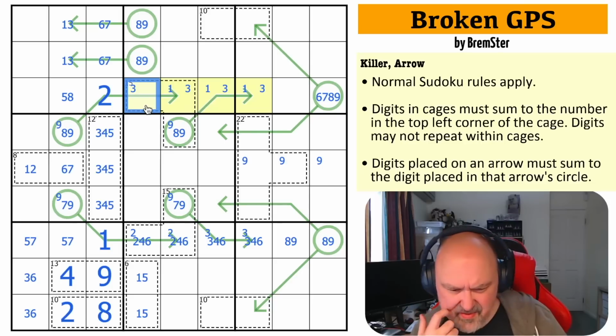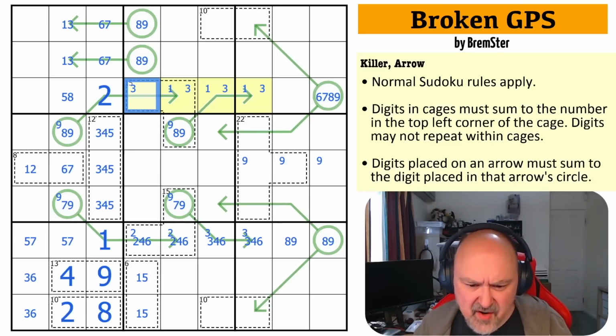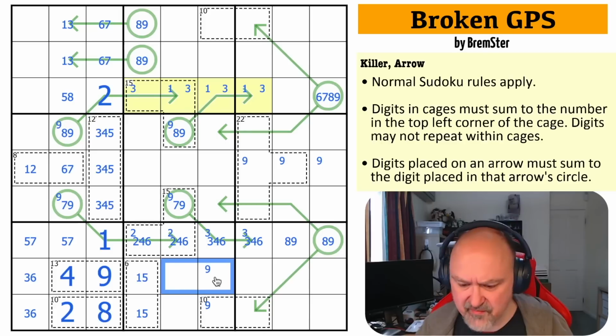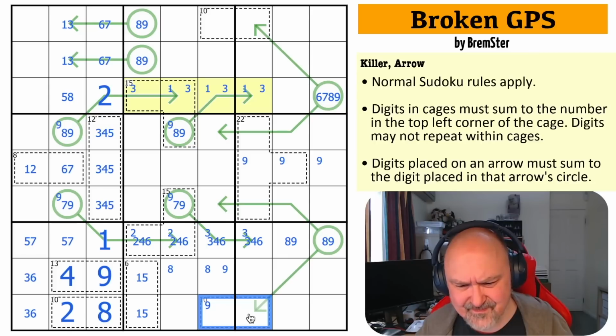I don't know that that's done that much. 9 is in one of those two. Eight is in here. Well, 8 is in one of those two. 9, 1. This would be 7 or 8. This would be 5, 1.